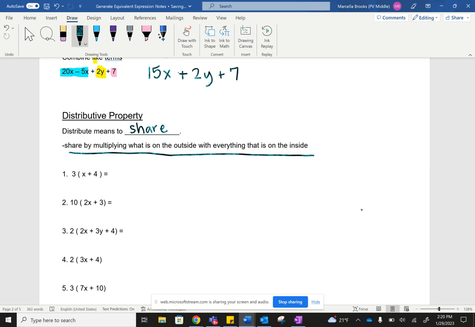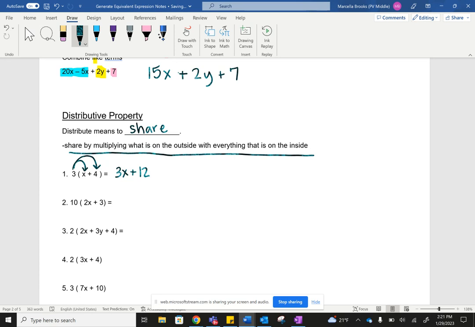So if I distribute the 3 to the x, that becomes 3x. And then I distribute the 3 to the 4, that becomes 12, because 3 times 4 is 12, and 3 times x is 3x. And then we just put that plus sign in between.